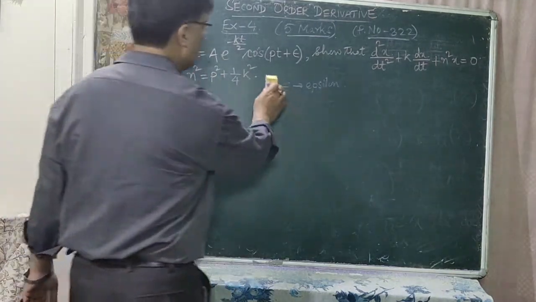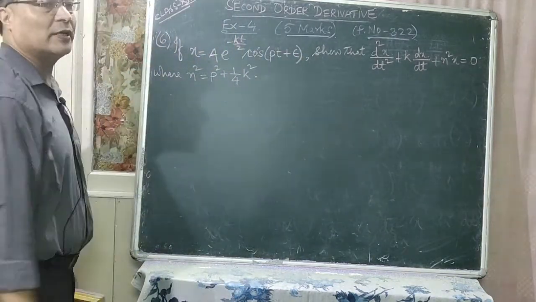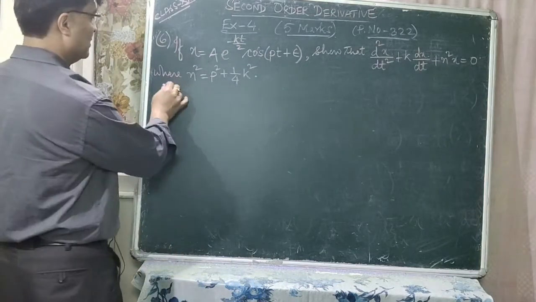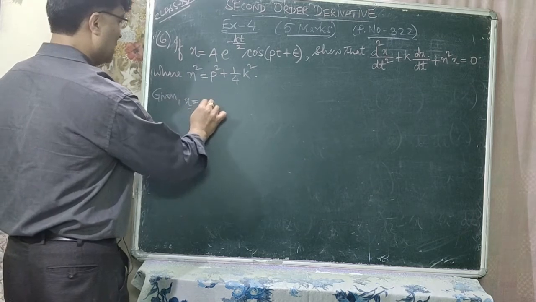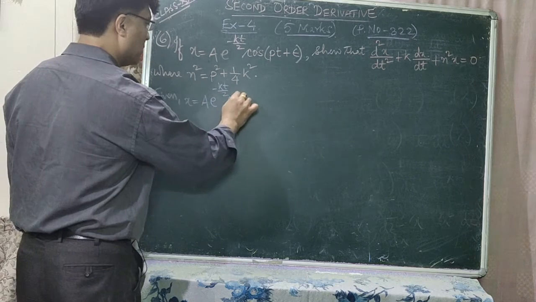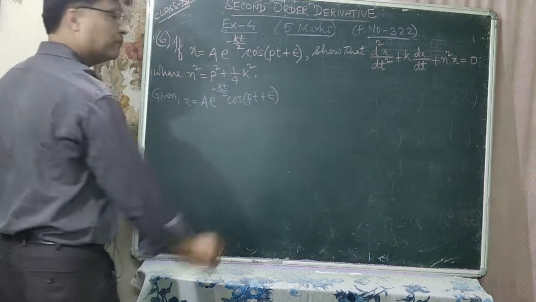Okay. So you know epsilon here, this is known as what? Epsilon. So let us prove the required relation. First of all, you have to get dx by dt. So here given is x is equal to capital A e to the power minus kt by 2 cos, this is your pt plus epsilon.